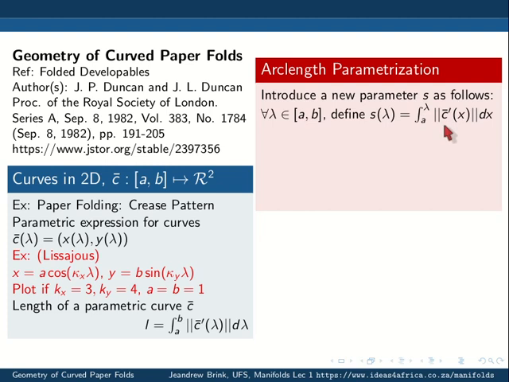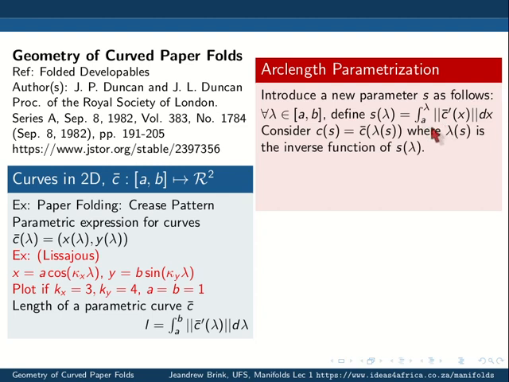And so what you can then do is consider C to be a function of S, that has the same value as C at the lambda that has resulted in a particular S. Okay, so you're basically restructuring the parameter along the curve.